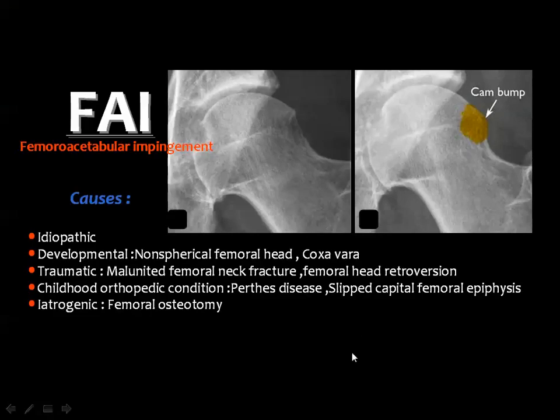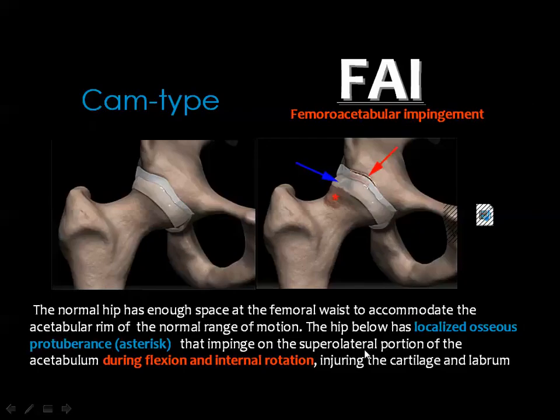Okay, then we have two types of femoroacetabular impingement. The first one is known as the CAM type, where there is an abnormal bone related to the junction between the head and the neck of the femur along its superior aspect, and this will interfere with the movement of the hip joint, resulting in degeneration and maybe tear of the related acetabular labrum.